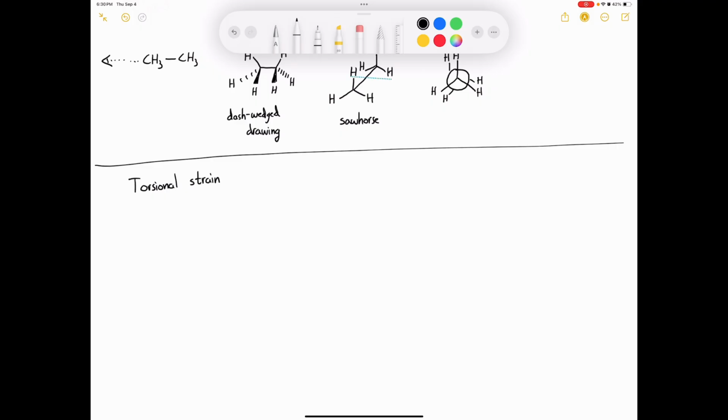Torsional strain refers to the repulsions between the eclipsing groups here.